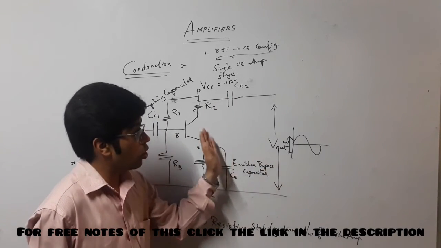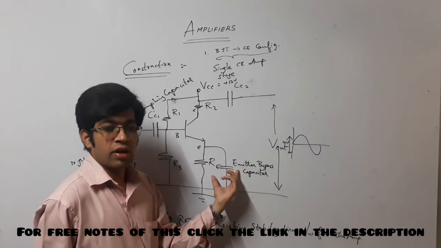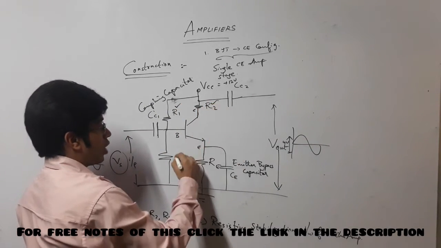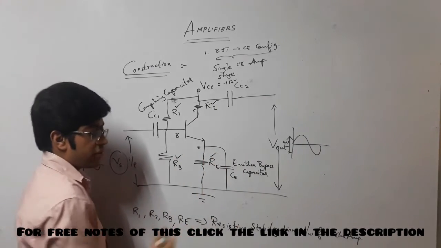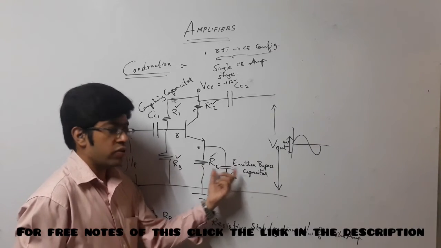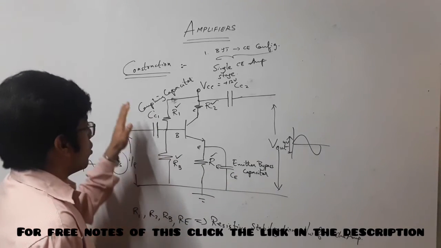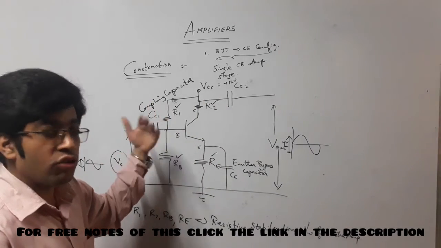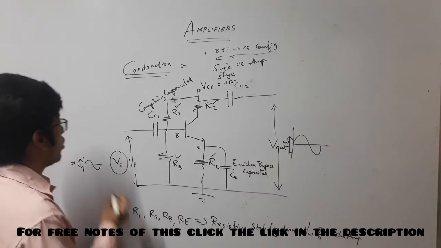So the function of R1, R2, RB, RE, that is the resistive stabilization network, is clearly understood by you, and the emitter bypass capacitor is also understood, and the coupling capacitor is also indicated, but I have not shown you the working of it, why we are using this.